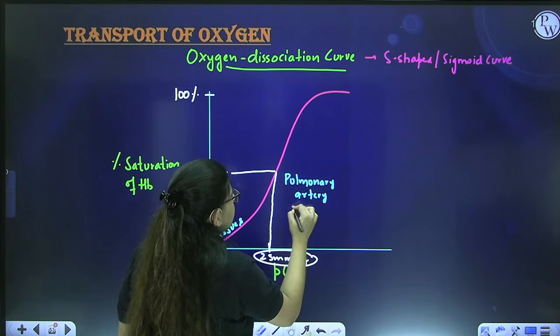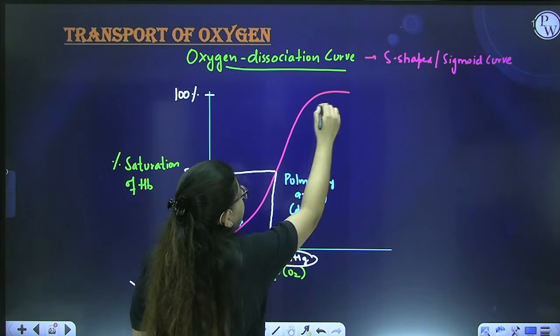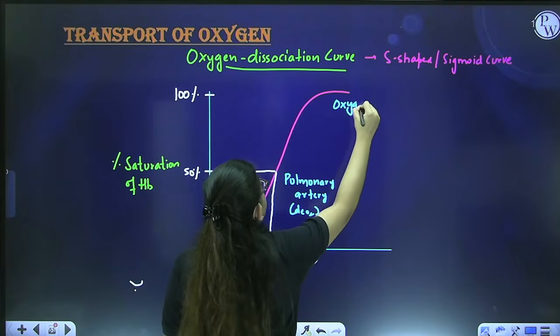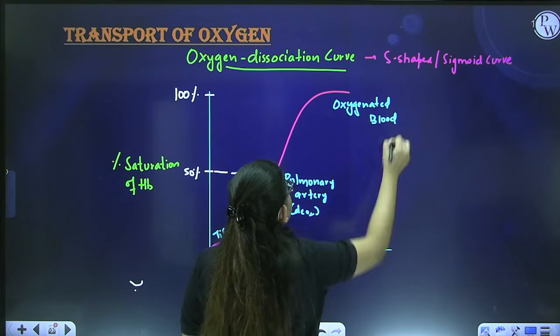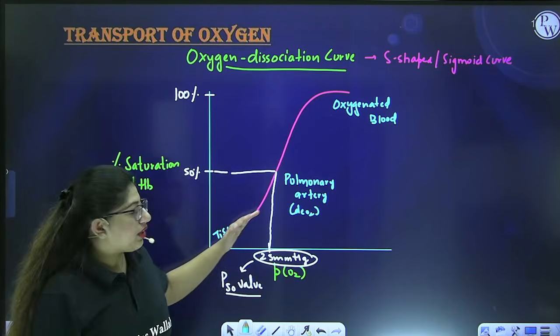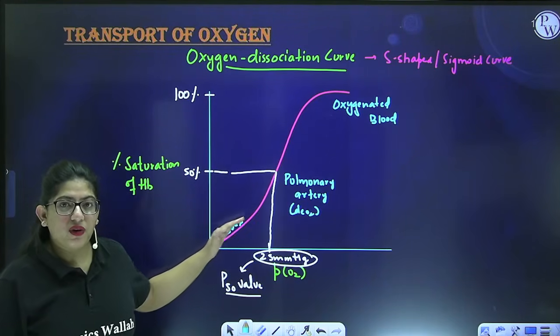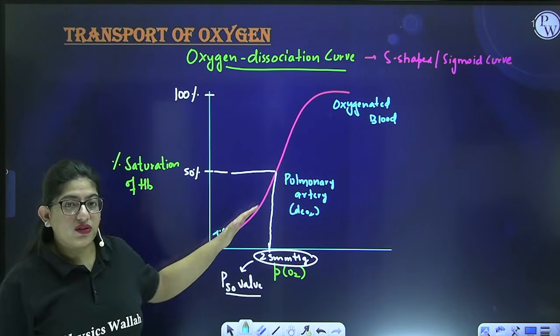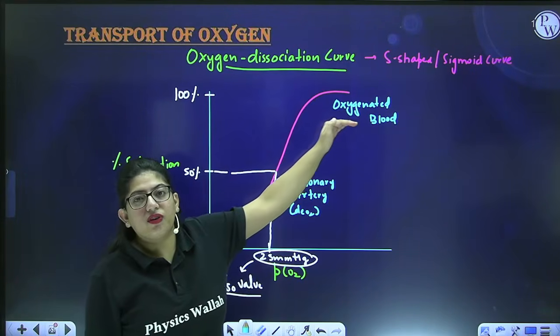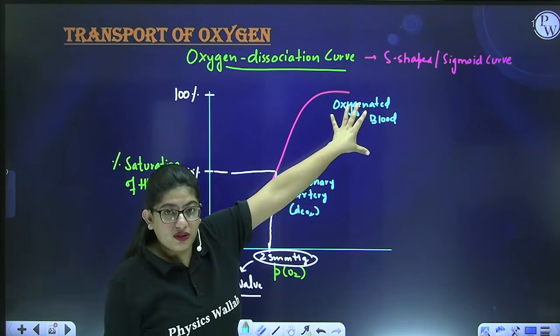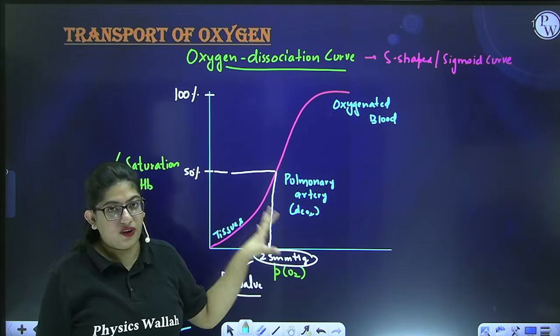Okay, that means in deoxygenated blood, but 100% takes place in the oxygenated blood. So this will be the place of oxygenated blood. So if someone said, where does this type of a graph form? When your blood is deoxygenated, and this type of a graph will be reached when your blood is highly oxygenated. So this is a criteria for oxygenated blood. This is a criteria for deoxygenated blood.